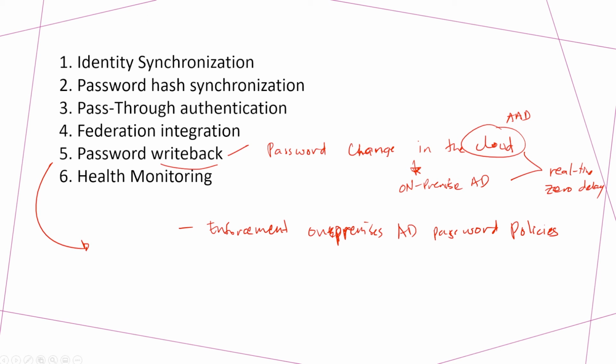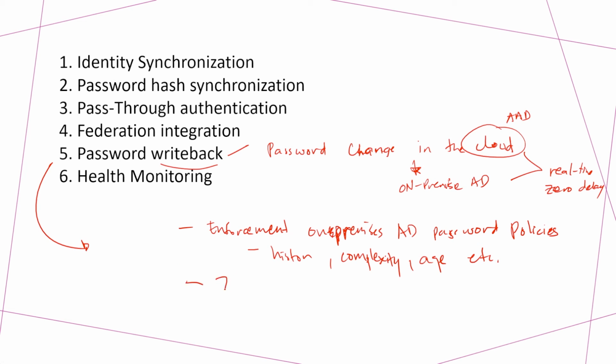Let's say when a user resets their password, it is checked to ensure it meets your Active Directory Domain Services policy before it gets written to the directory, such as the password history, complexity, and age, etc. So you could have password filters set in your on-prem AD, and the changed password will be checked against those policies.